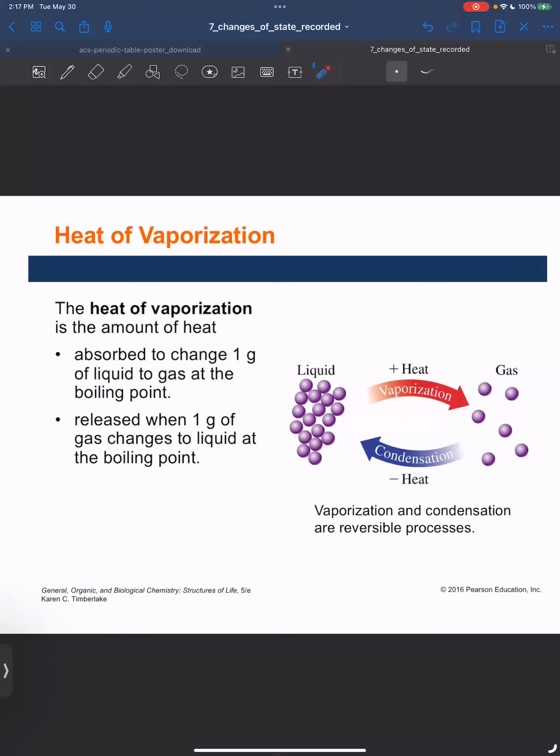So once again, focusing mainly on melting, freezing, vaporization, and condensation. When we're discussing vaporization and condensation, these are also reversible processes. It's the amount of heat absorbed to change 1 gram of liquid to gas at boiling point. That's vaporization, an endothermic process.